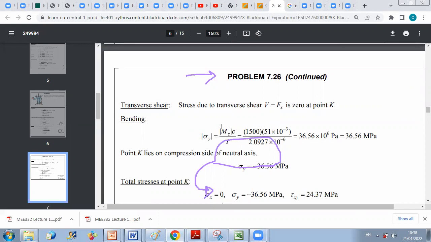So sigma y in absolute value is Mz c over I. And because it's compression, it lies on the compression side. So we set sigma y equal to minus 36.56 megapascal. And then we'll be able now to determine the total stresses at point K.